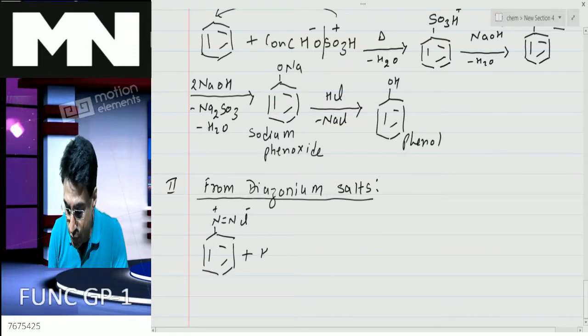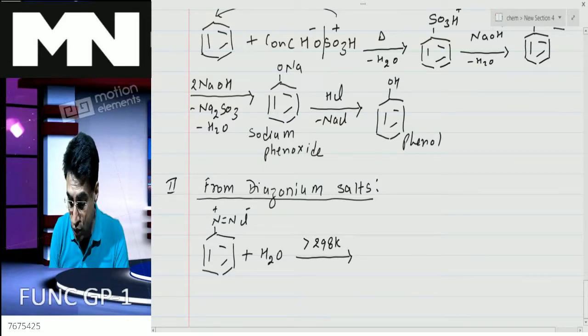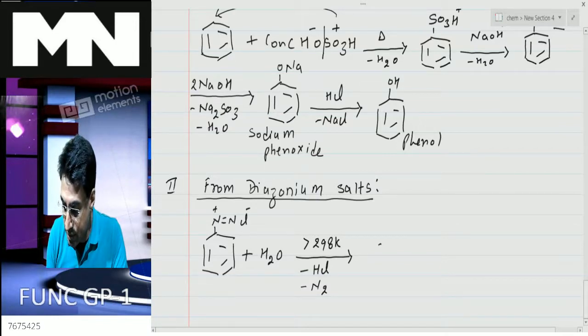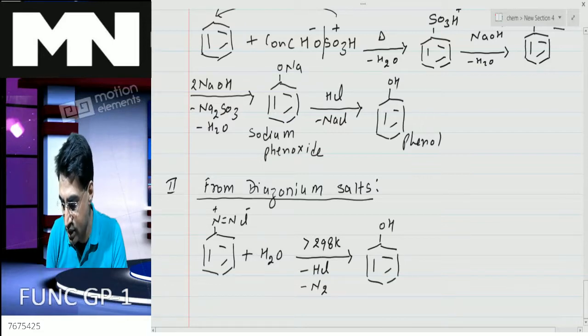If I heat it with water and if the temperature is more than 298 Kelvin, H from water will combine with Cl and they will come out as HCl. 2 nitrogen, they'll come out as N2, nitrogen gas. So OH from water will combine with benzene, leading to the formation of a phenol molecule. So you'll get a compound like this, that is phenol.